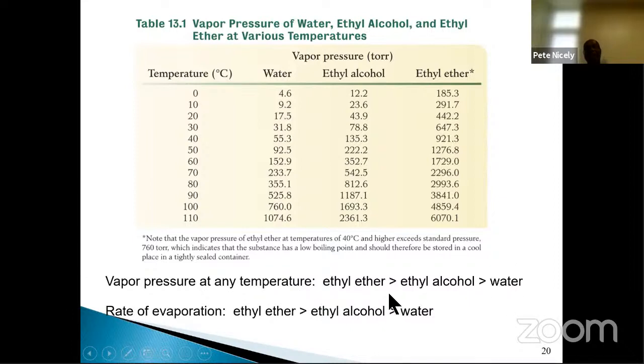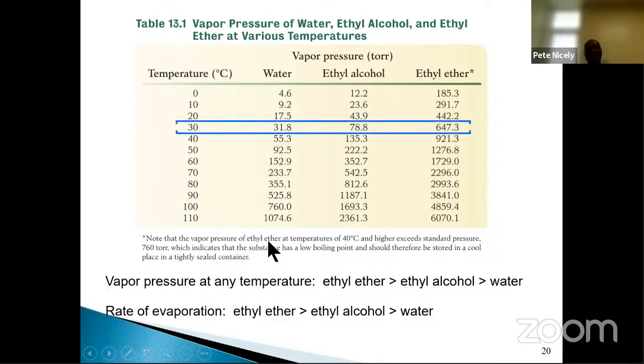And that trend also correlates with the rate of evaporation. Basically, the substance with the highest vapor pressure is the one that will exhibit a higher rate of evaporation. So the same trend that you see here in the case of vapor pressure, you see for the three liquids in the case of rate of evaporation, all right? As I said before, this is true at any temperature.